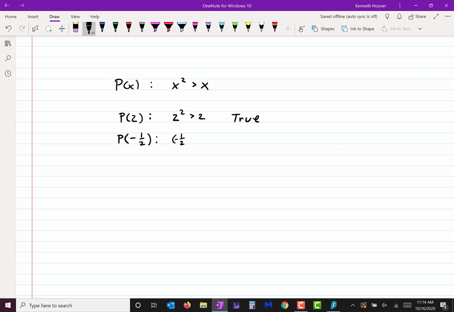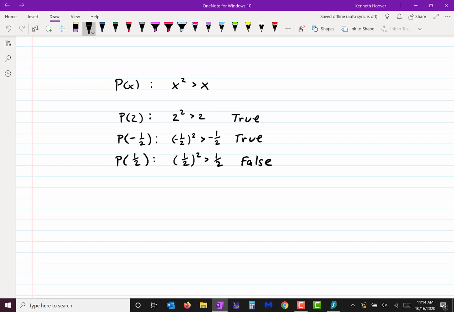Negative 1/2 squared is greater than negative 1/2. P of positive 1/2 is false. 1/2 squared is not greater than 1/2.